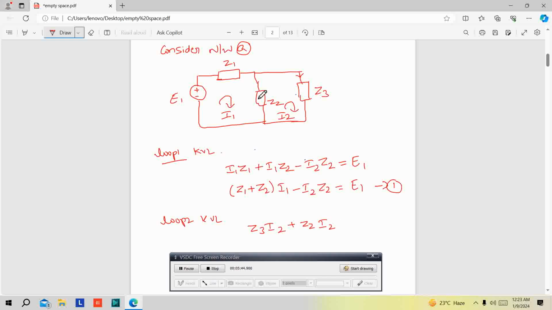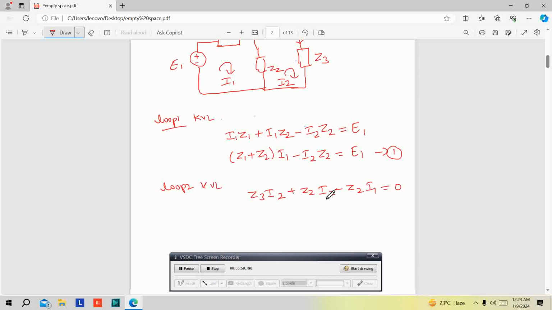Through Z2 two currents are passing, I2 in this direction but I1 in the opposite direction, so I'm going to consider minus Z2 I1 equal to 0. Then arrange in I1 and I2 order: minus Z2 I1 plus I2 common, take outside, Z3 plus Z2, equal to 0.